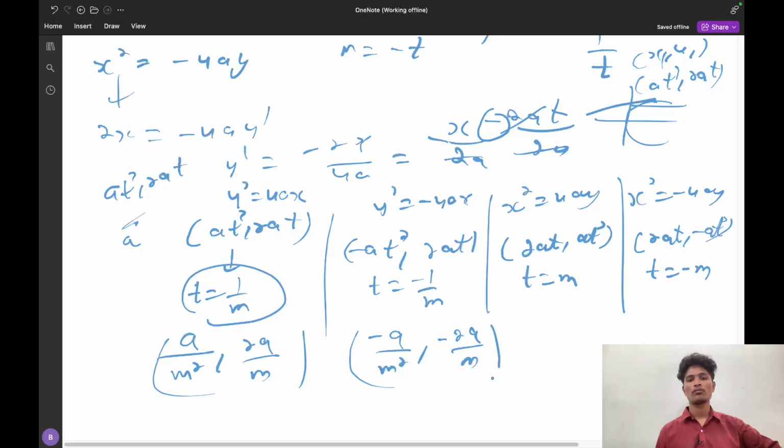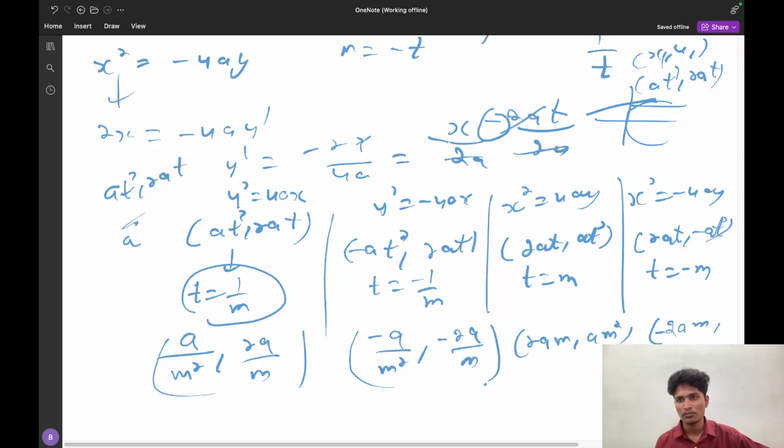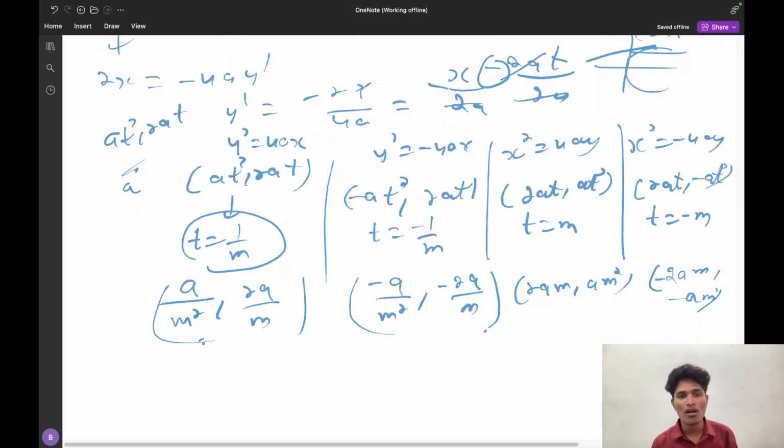Yes, because we have to substitute t. Here it is 2am comma am square, and here you will get minus 2am comma minus am square.